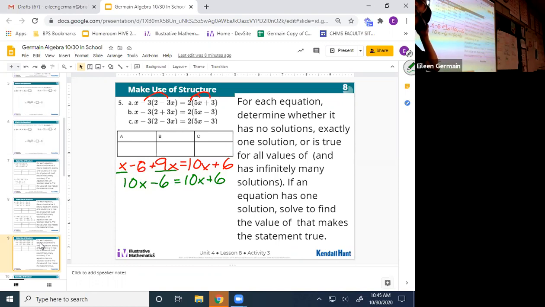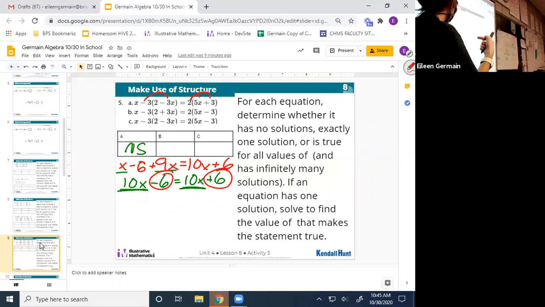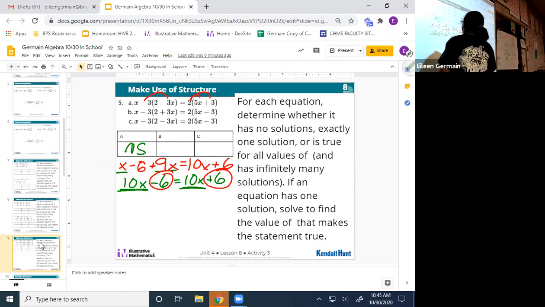Connor. No solutions. Because we have a 10x and a 10x, same variable, different constant, means no solutions. Guys at home, come on, keep throwing things in the chat. You guys got this. Nice job.